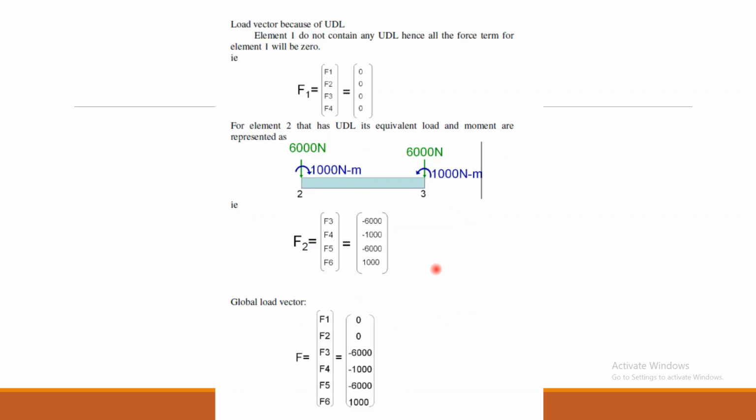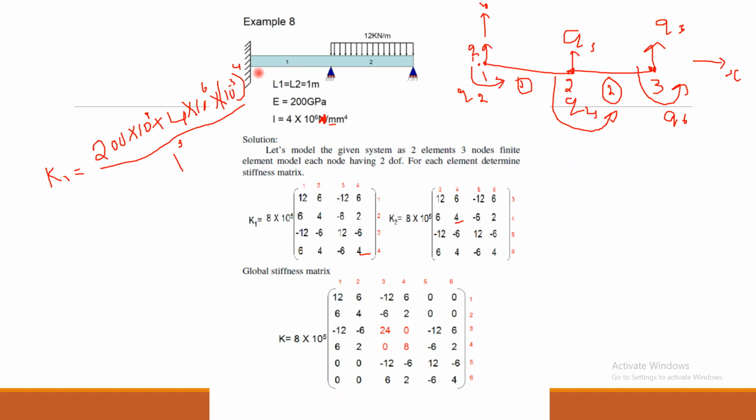Okay, so apply the elimination method. Let us look into the given structure. So the left end is completely fixed. Since completely fixed, the Q1, Q2 value is equal to 0, and coming to the node 2 and node 3, there is a restriction in the direction Y, that is upward direction.